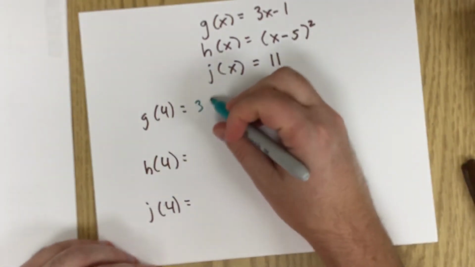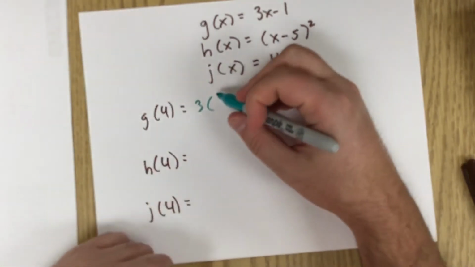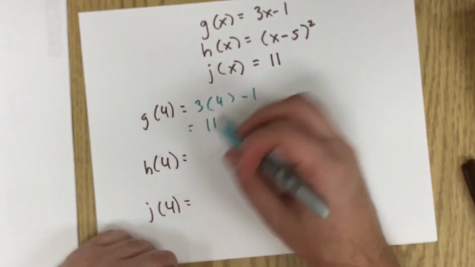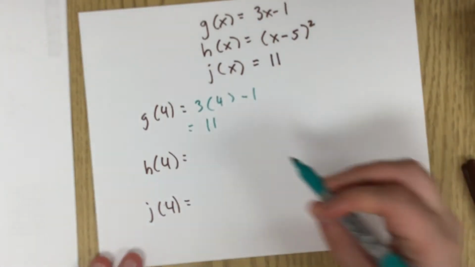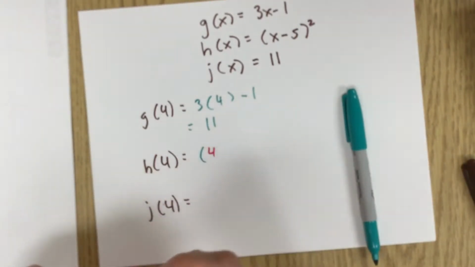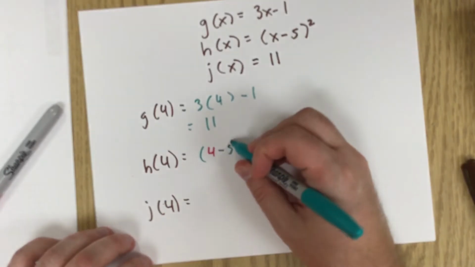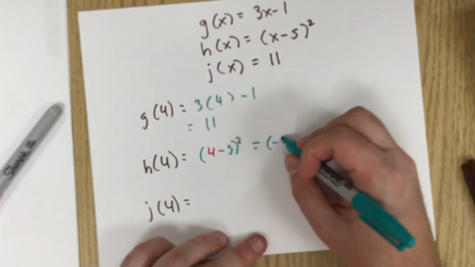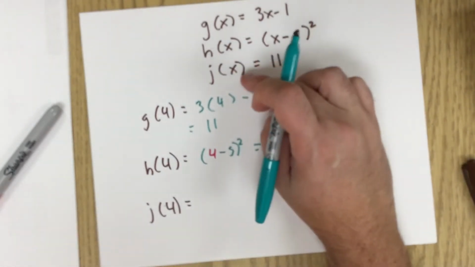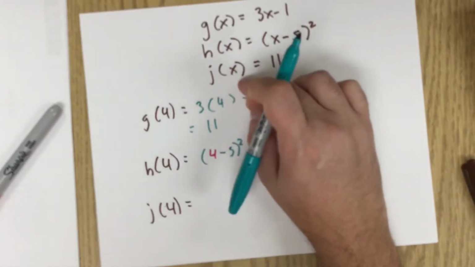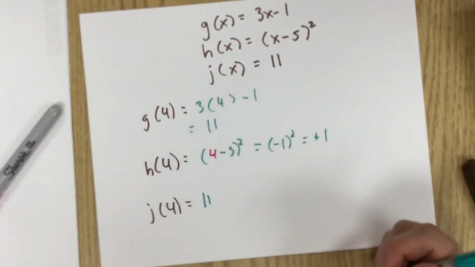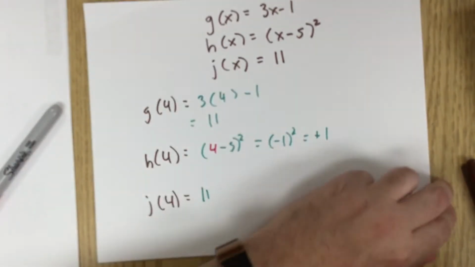So g of 4 is going to be 3 times 4 minus 1, which is 12 minus 1, which is 11. h of 4 is going to be 4 minus 5 squared. 4 minus 5 is negative 1 squared, which is positive 1. j of 4, what we're saying is no matter what the value of x is, j of x is 11. So j of 4 is 11. And there we go.